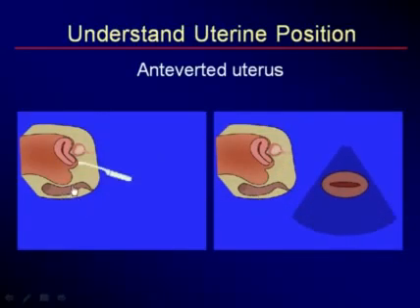Let's look at that again. This is the anterior wall of the body, but this is the anterior wall of the patient's uterus. This is the posterior wall of the uterus. We know that the fundus is pointing towards the anterior of the patient's body, but the anterior anatomic wall is here.